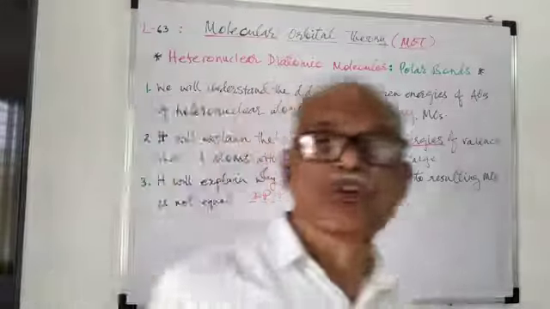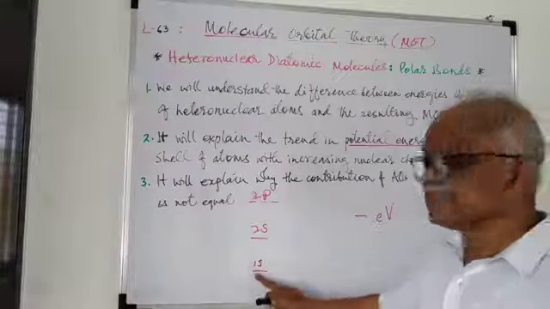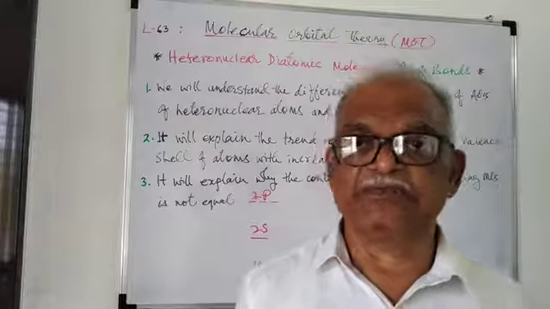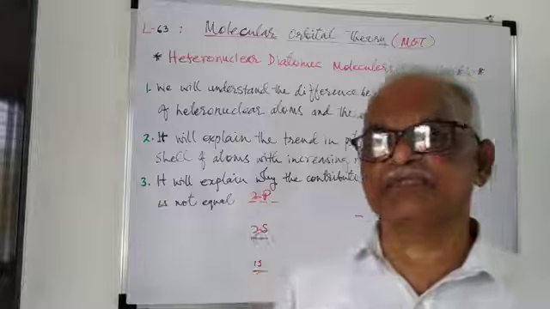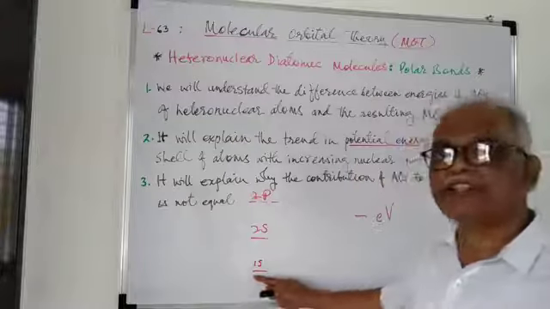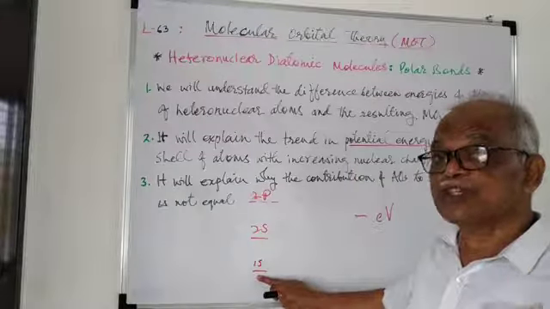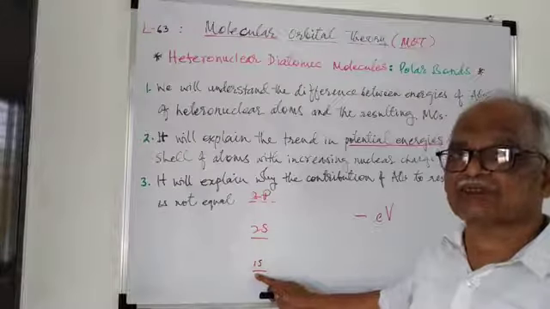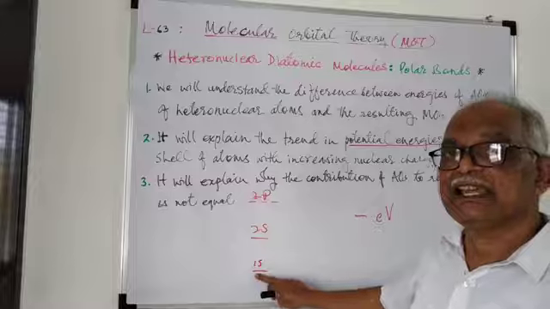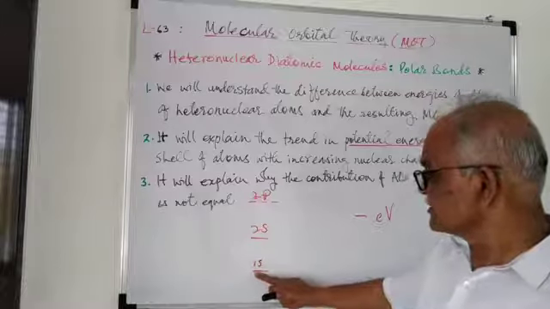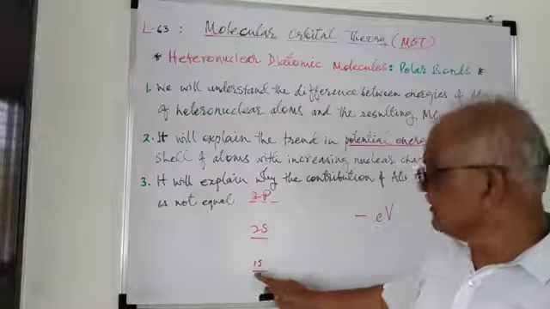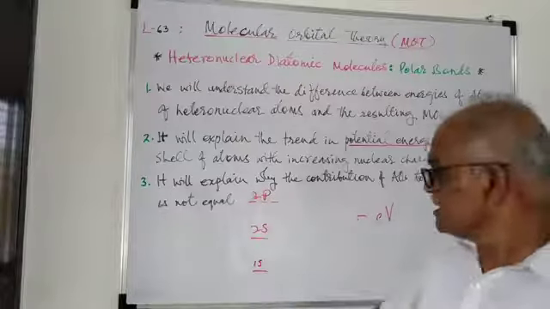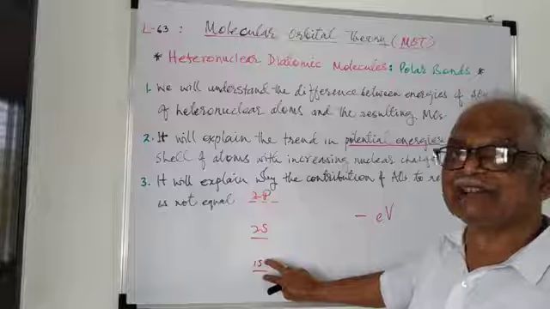For both electrons in the same orbital the energies may be slightly different, but in order to avoid confusion we are averaging the potential, the binding energy of the electrons to the nucleus. So because of this, the value of this energy level is the same, unchanged. It remains unchanged for both the electrons.